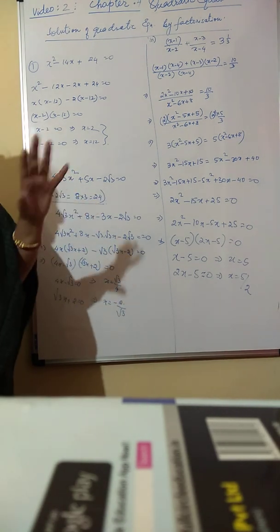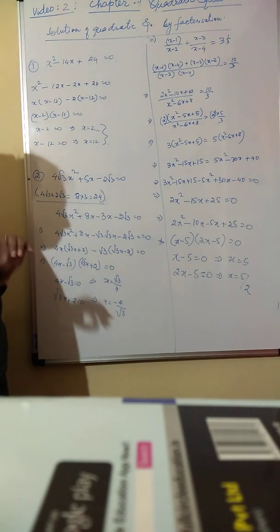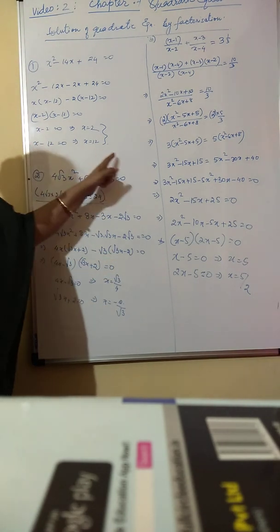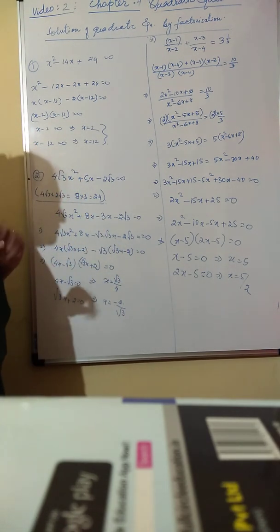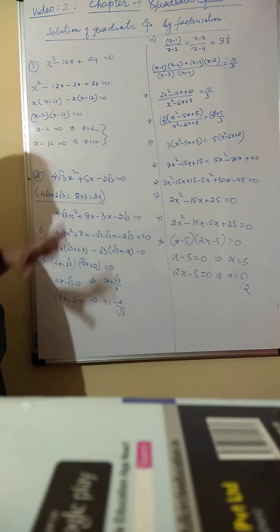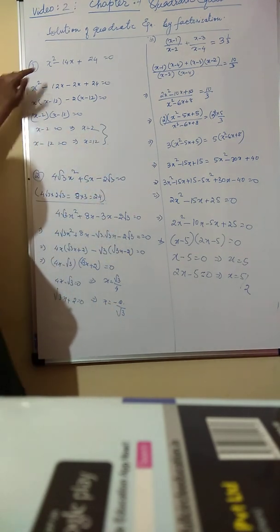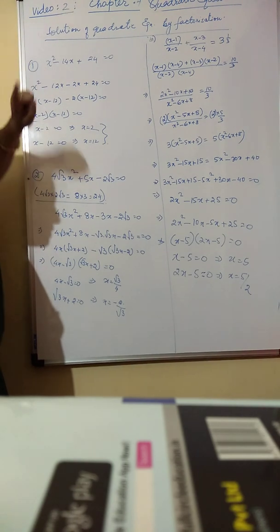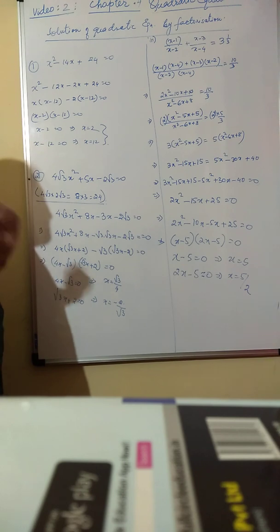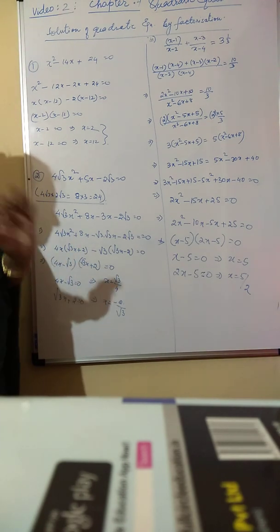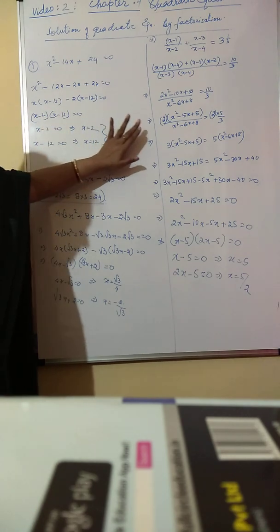Many of you will not be able to, but those who could recall will know that we have two different types of roots of any quadratic equation, or for that matter any equation. If the coefficient of the highest power of the variable is 1, we would always get integral roots. Integral meaning not in fraction, not in p by q form. So you will get integral roots.